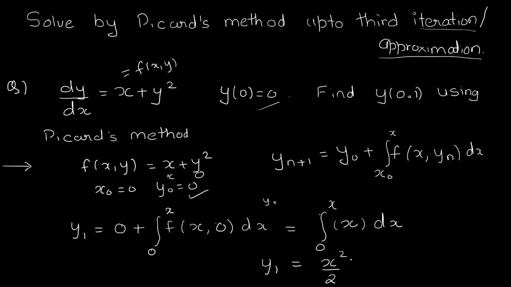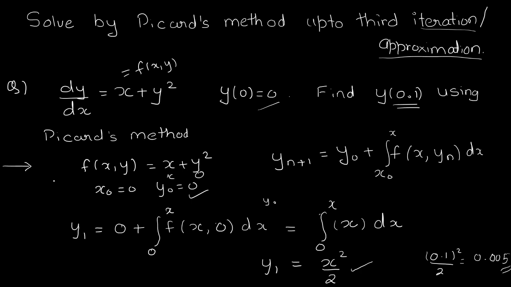Okay, now this becomes my first answer. Now in case you substitute y of 0.1 here, okay, y of 0.1 will be what? 0.1 the whole square upon 2. Okay, that is what? 0.005. This will come to 0.005.